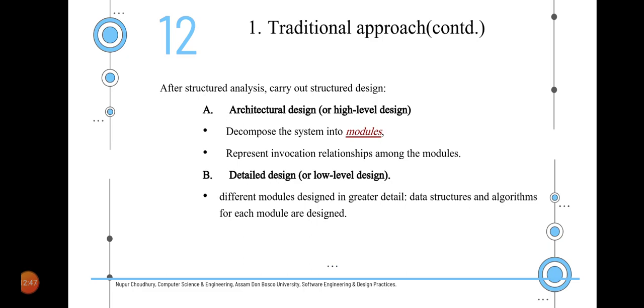So basically, both architectural design and detailed design are associated in carrying out the structured design process, where initially the system is divided into modules and the dependencies between the modules are defined, and after that the detailed design is carried out, where the modules are designed in greater detail by associating data structures and algorithms for each of them.